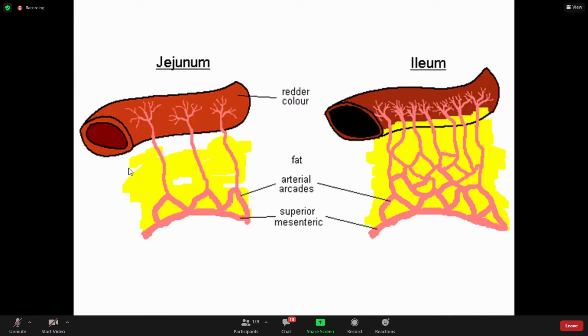In case of jejunum, these vasa recta are long and less in number, while in case of the ileum, these vasa recta are short and more numerous. So this is another difference in form which you can appreciate even in a gross specimen.